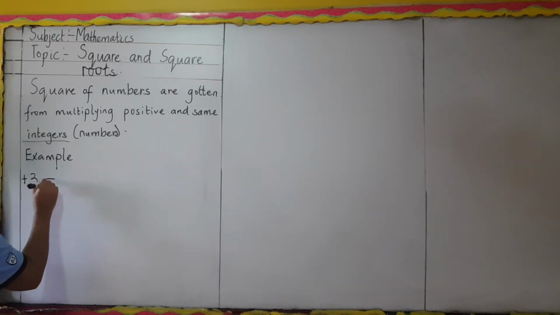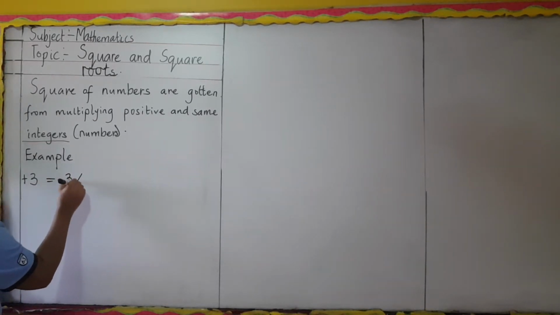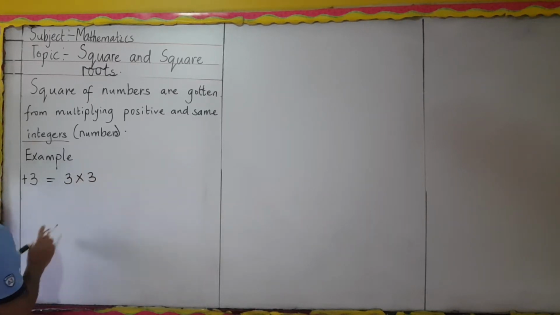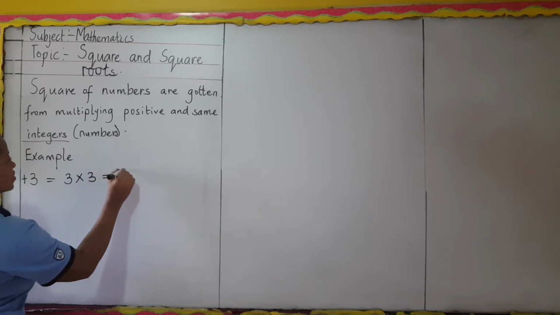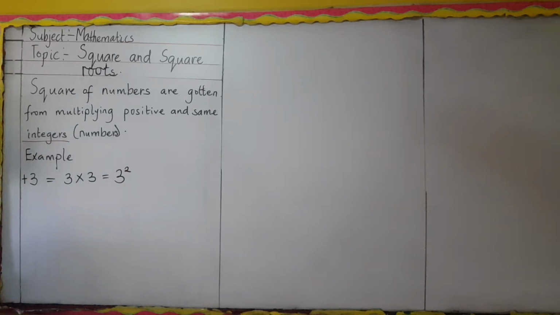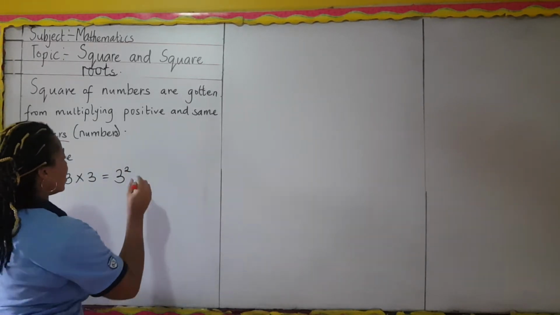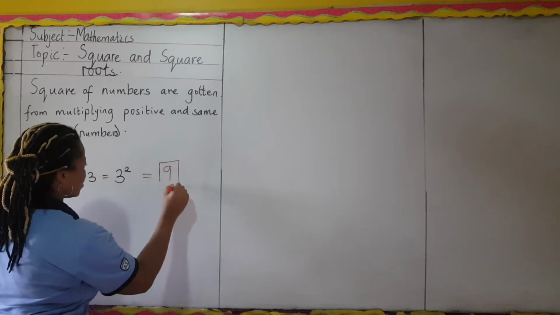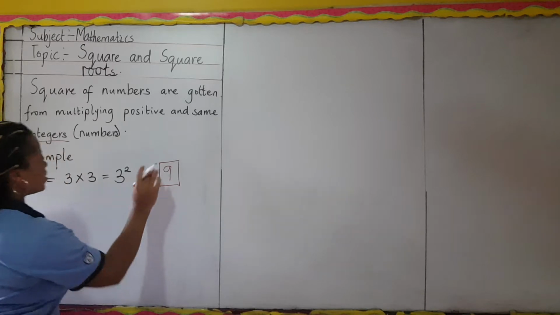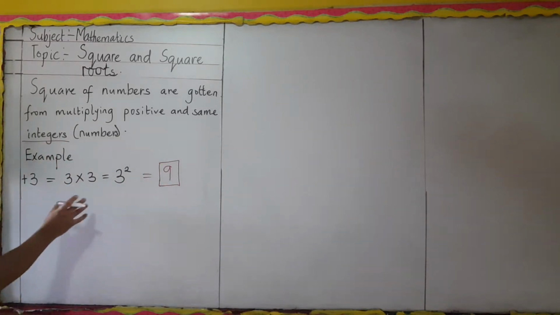So to square 3 means I'm going to multiply it by itself. This is it. I've squared 3. This means the same thing as this. Do you understand? Now, the product will definitely give us 9. We've not gotten to this, I'm going to leave it in the red box, but I want you to focus on this particular part.